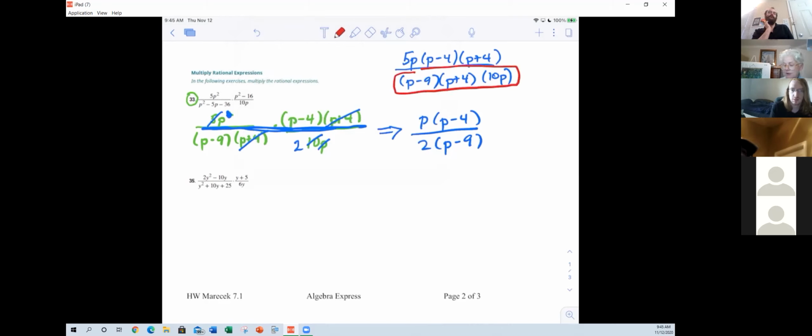And you're going to take each one of those factors and they can't be 0, right? So P can't be what? What are the numbers that P cannot be?